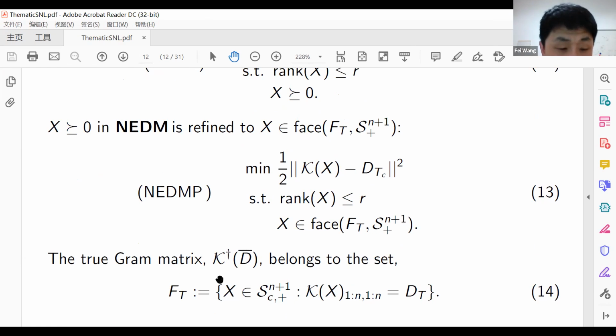So the true EDM, the true Gram matrix, from the towers and the true location of the source belong to this set.